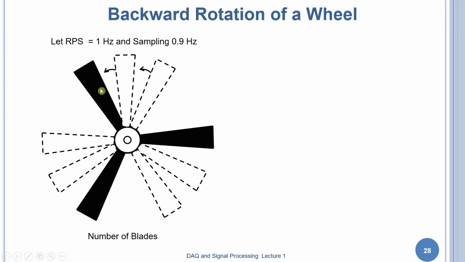Another thing you should know is that the number of blades is 3 in this case, so even if my sampling is one third of 1 hertz, I am still going to get the same image. So it's always good practice, whenever dealing with a rotary object with some symmetry, to mark one of the blades with a marker so that you can track that blade properly.